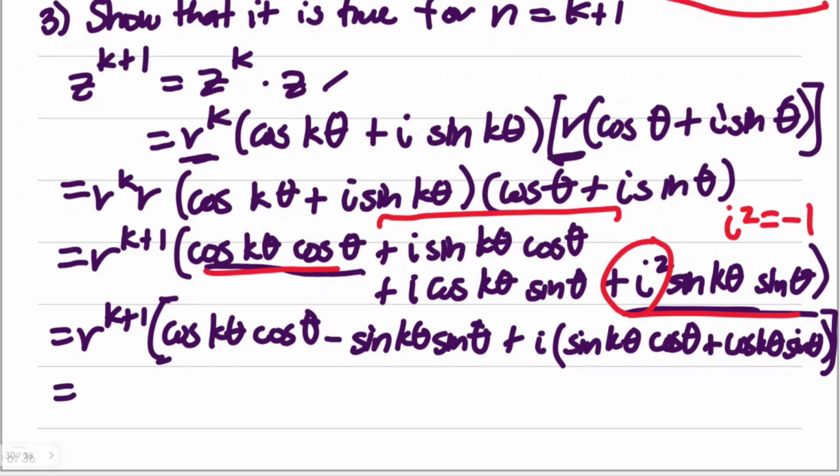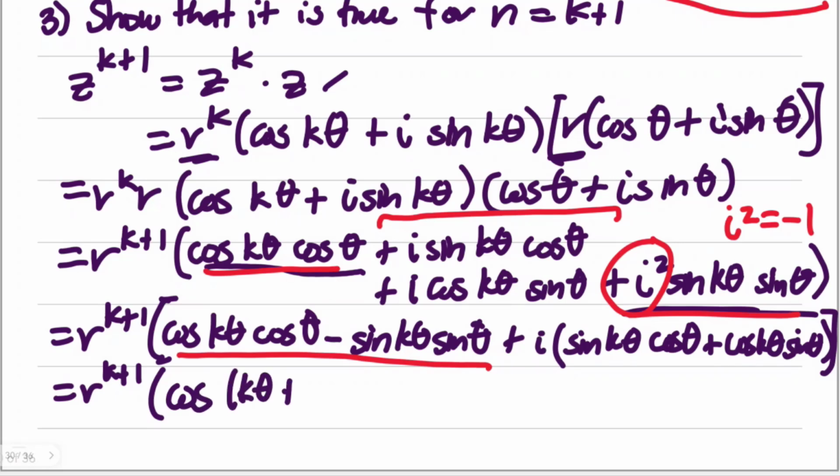So what will happen here is r to the k plus 1 using sum and difference formulas for this. So you have cosine first angle times cosine second angle minus sine first angle times sine second angle, and it's minus. So for the cosine identity, it's actually plus. Okay, so it's the opposite notation. This is actually cosine of k theta plus theta.